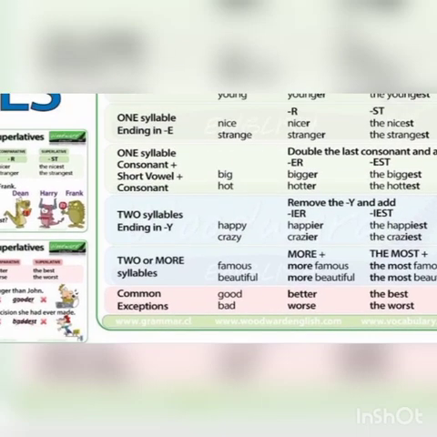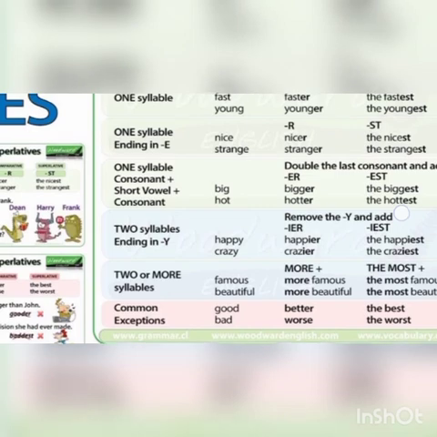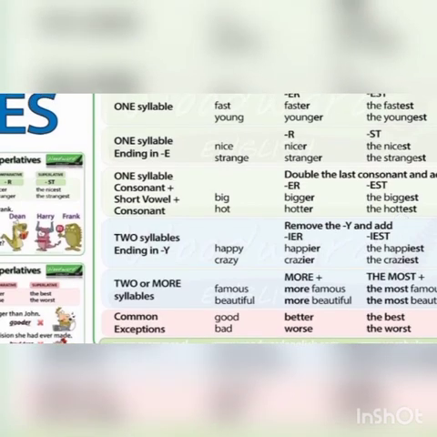And finally, we have common exceptions, like for example, these irregular forms of adjectives, we have good, bad. We have others like worse, the worst, good, better, the best. As I said, we have others like, for example, good, bad, far, right?